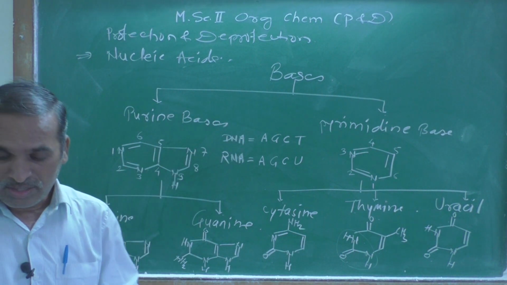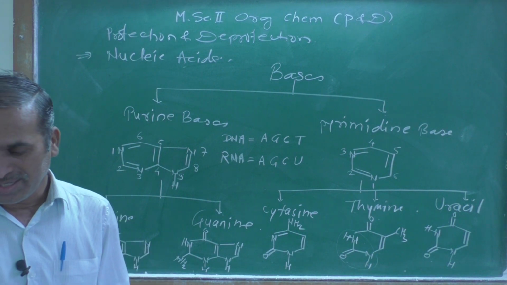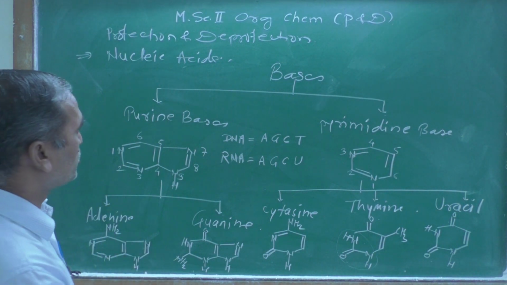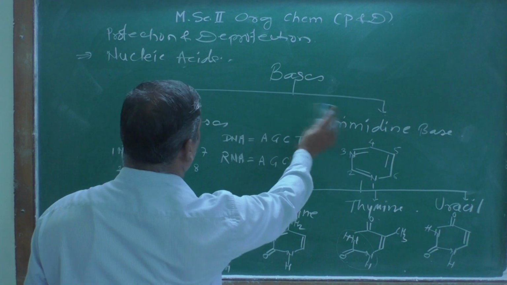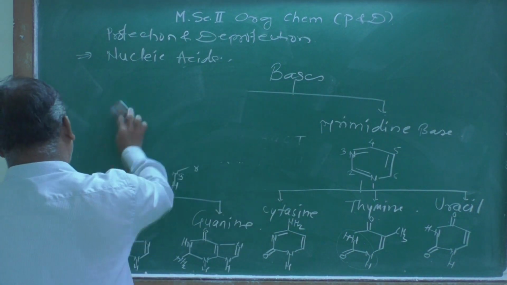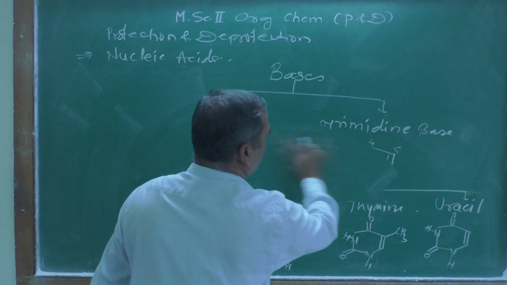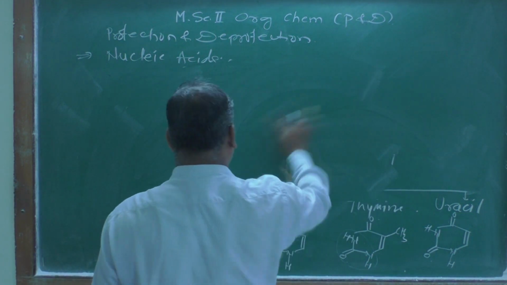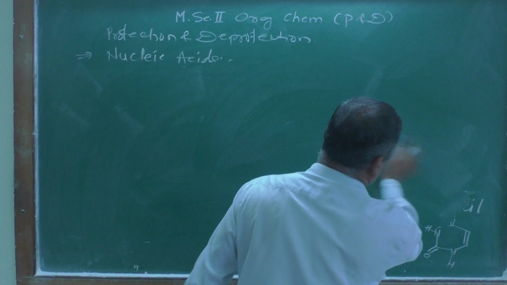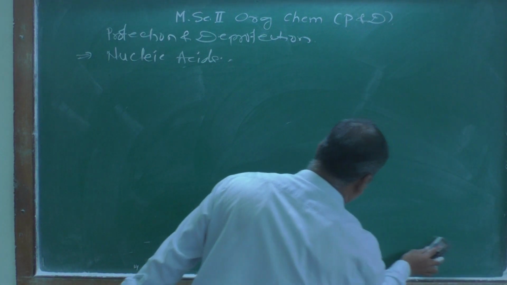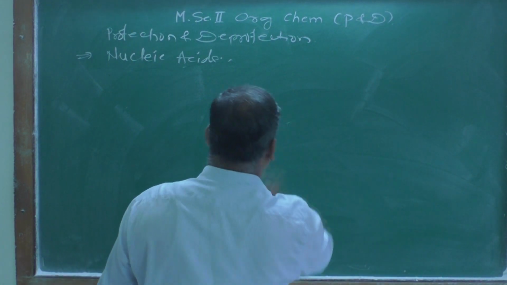Understood this one? Now let us move on to the next one, that is the sugars. Just now we have seen these are the bases. Now let us see the sugars, because bases and sugars are the starting material for nucleic acid.